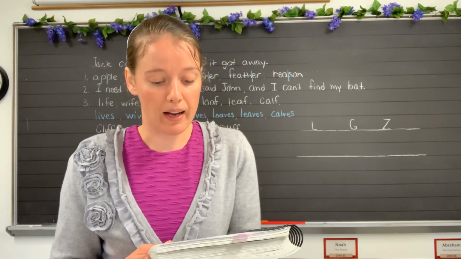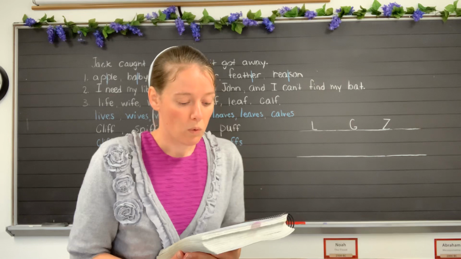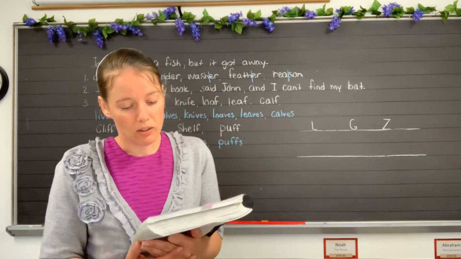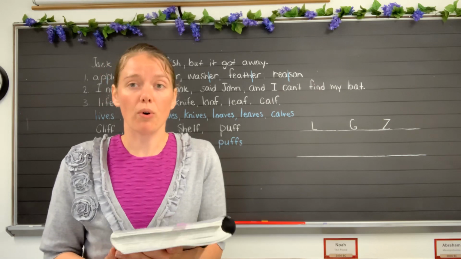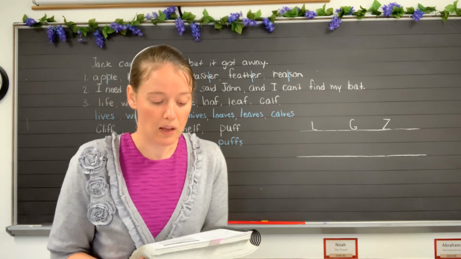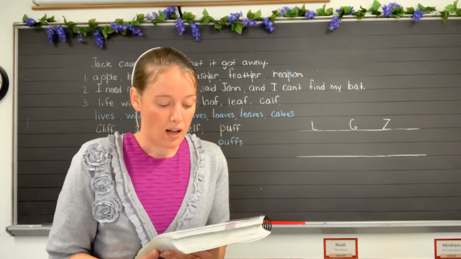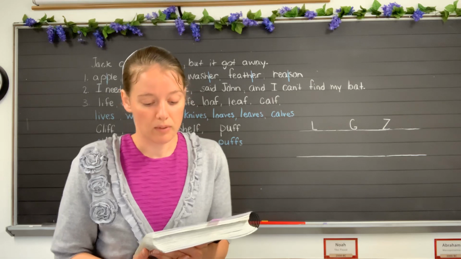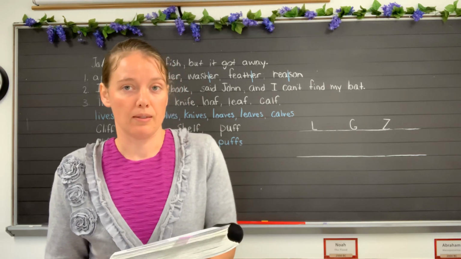When you write exactly what someone said, it is called a quotation. When you write a quotation, start it with a capital letter. Put quotation marks before and after the words the person said. And they have an example there for us. It says, "I found the screwdriver," Luke said to Dad, "but I don't know where the hammer is."